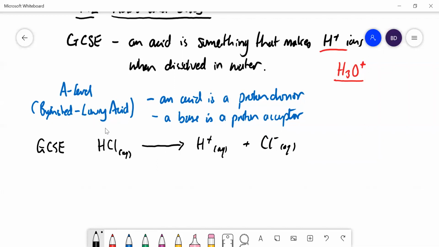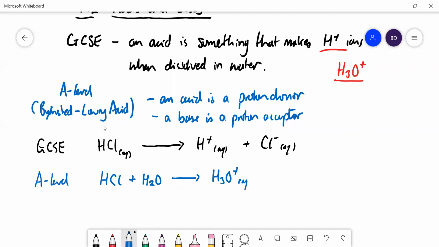So it's making H plus ions in solution, and that worked fairly well. But we just refine that a little bit. At A-level, Bronsted-Lowry theory, we've got HCl, and when you put it in water, it reacts with the water to give you an H3O plus ion in aqueous solution and a Cl minus ion in aqueous solution.